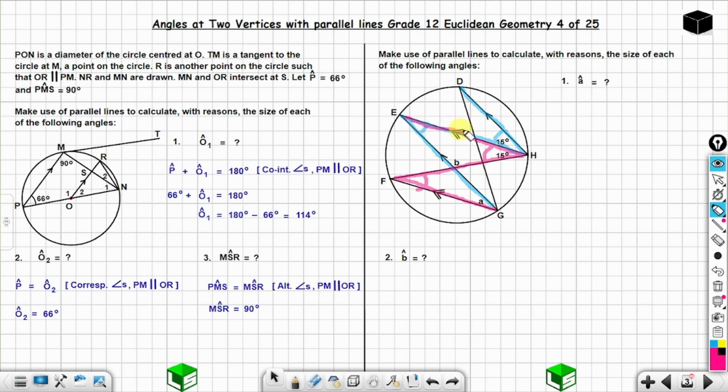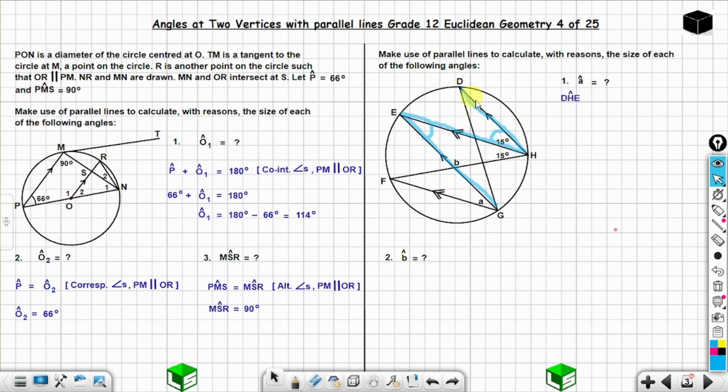Let me erase this. Let's start with this and this, the two lines, because this line EG is parallel to the line DH. So this angle is equal to this angle. Can you see that? The angle DHE is this angle.